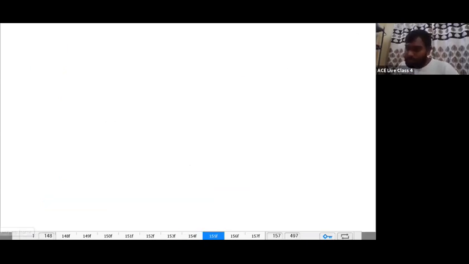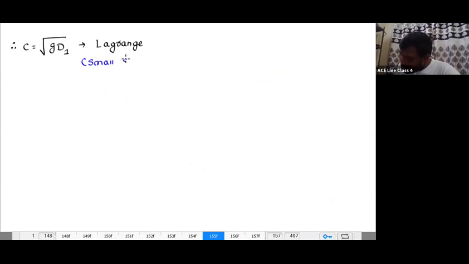And for small surge wave, again, the C is nothing but VW minus V1, which is the celerity, equal to root of g into D1. This is based upon Lagrange, and this is for the small surge.